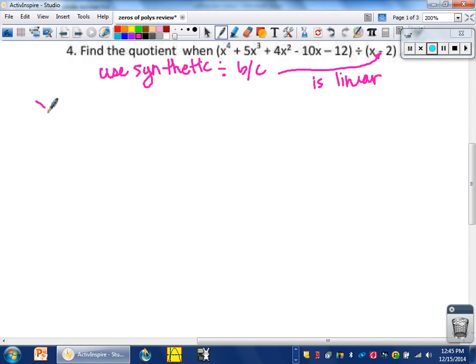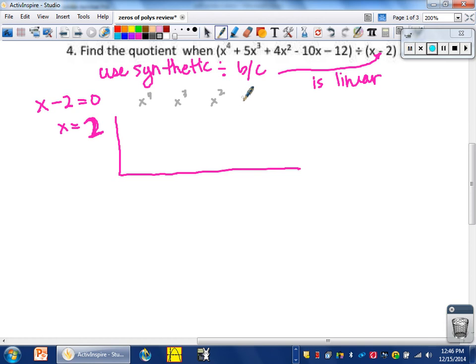So with synthetic division, the first thing we have to do is solve that divisor. Okay, so 2 is the value that we're going to use to perform synthetic division with. Now with synthetic division, we only take the coefficients. So x to the 4th has a coefficient, x cubed has a coefficient, x squared has a coefficient, x does, and of course just the number.